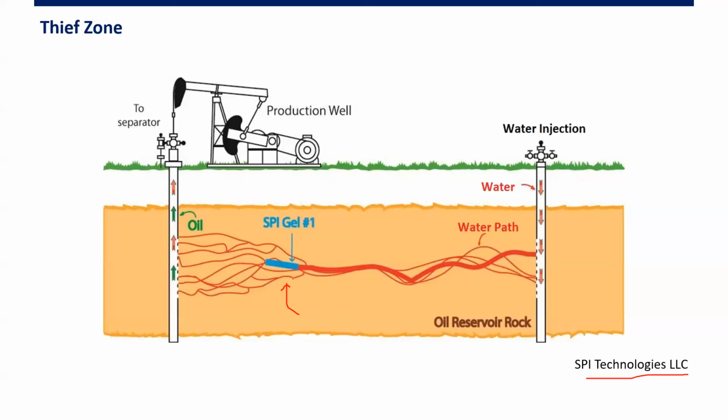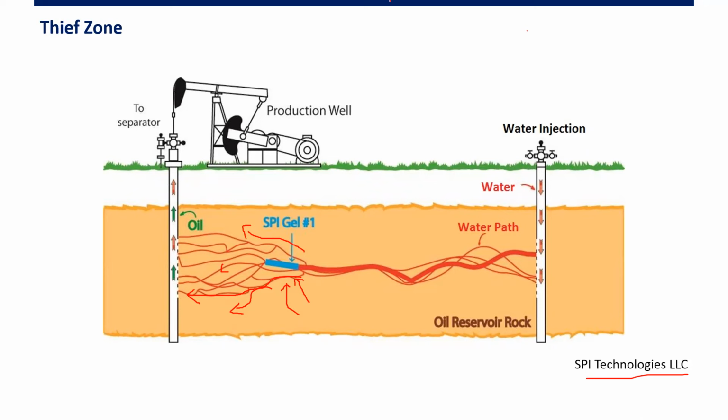You have the gel there, and now the water will try to find other zones, other small channels that will have better conductivity for the water to flow. And the result is this. So now the water will prefer to flow across these smaller channels, because now this path provides less resistance compared to this area with the solid gel.